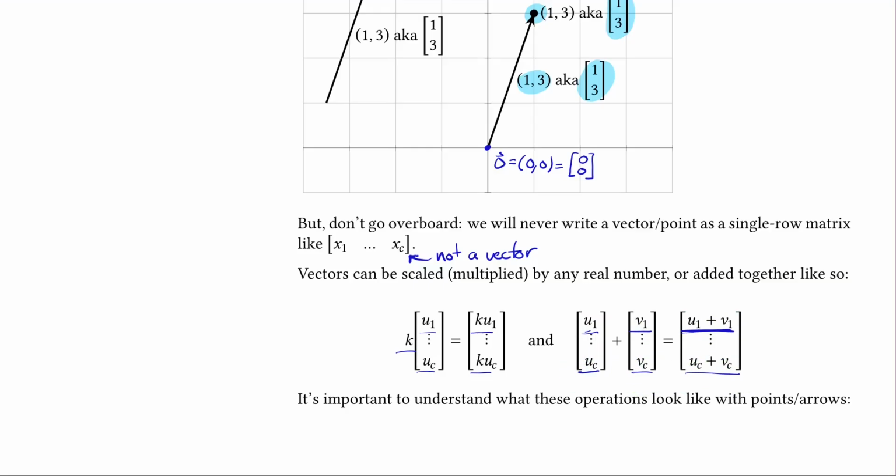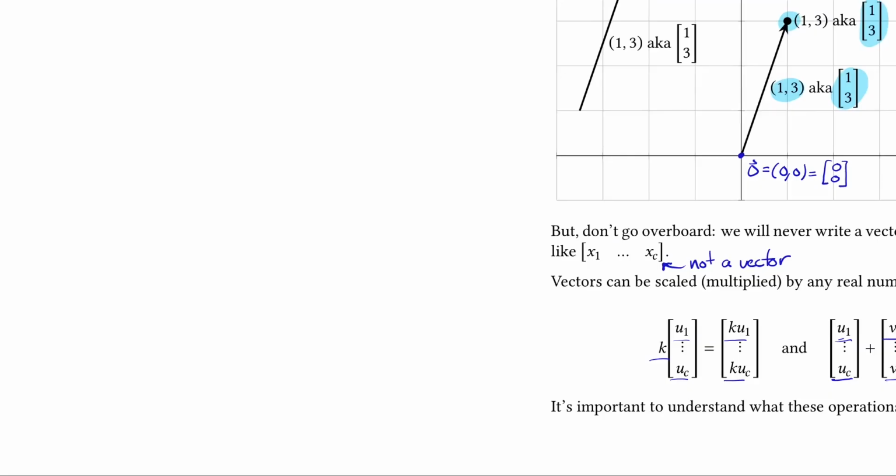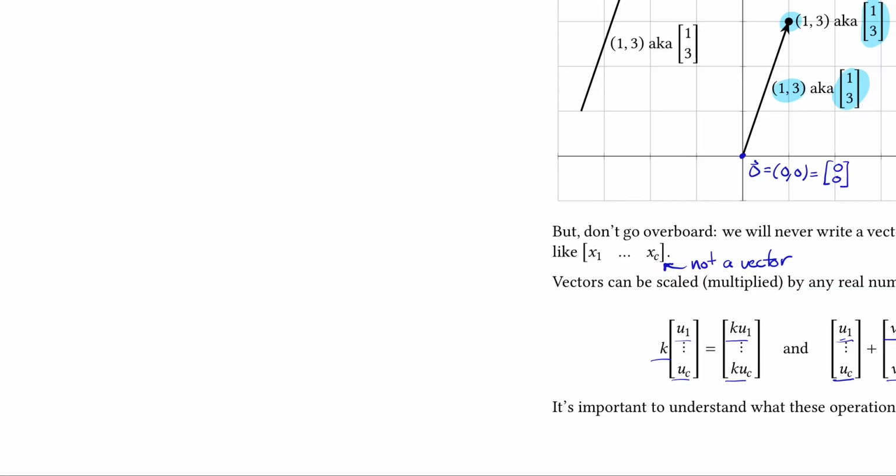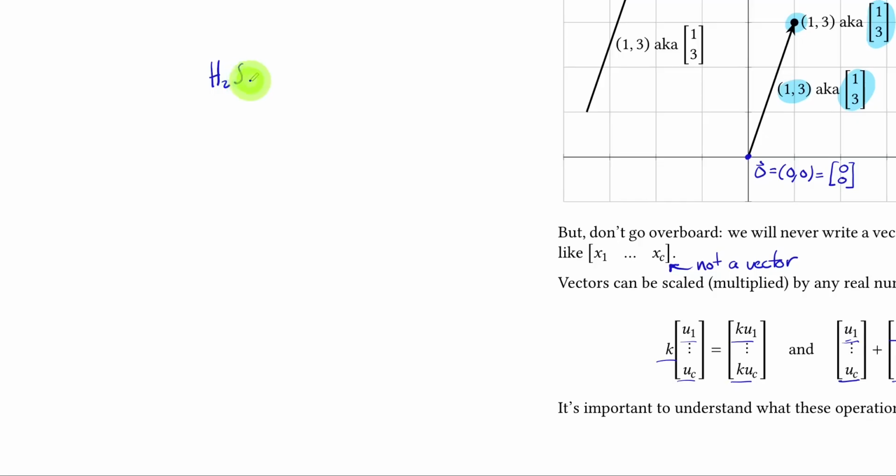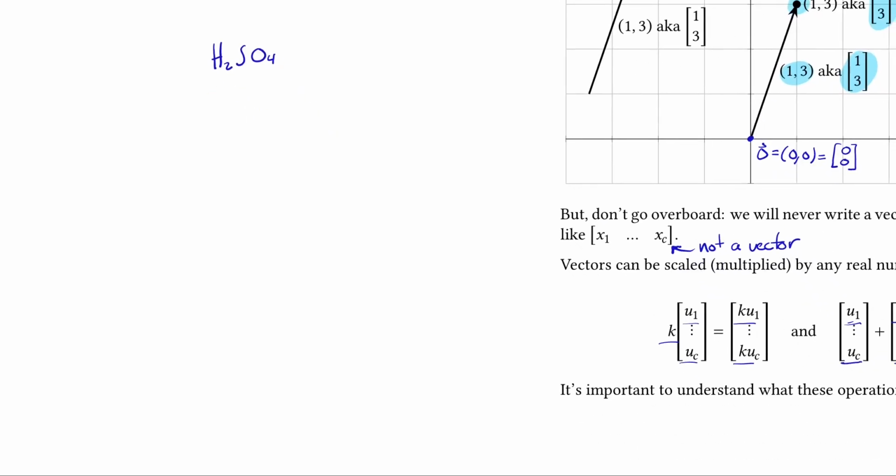Now let's take a minute to think about the huge number of applications across science, technology, engineering, and math that vectors could have. Just think about a list of numbers that could represent all kinds of things. For example, if you're doing chemistry and you have sulfuric acid, H2SO4, you could think about a vector that represents the number of atoms of each type that you have in some amount of H2SO4.